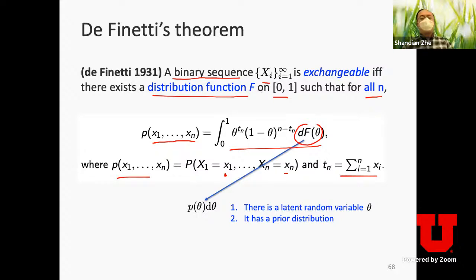So if you take the derivative, it simply means a probability density of theta. This integral tells us theta here is a latent random variable, and it has a prior distribution P of theta, which is determined by F.